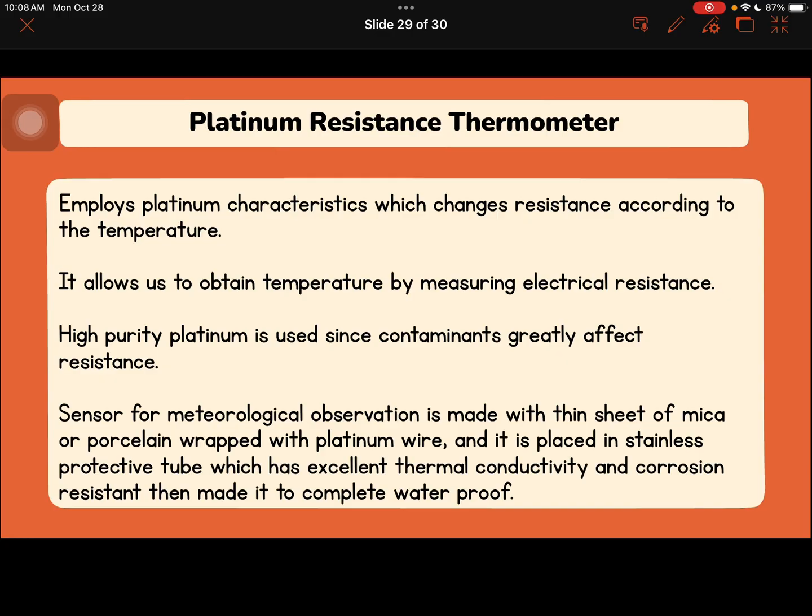Malaki to, actually. Parang kasi laki niya po si braso madalas, no? So, unlike kay liquid in glass or kay bimetal, ito pong si platinum po ay gumagamit po tayo ng sheet ng mica and of course platinum wire when it comes to measuring the temperature of that system within that thing.